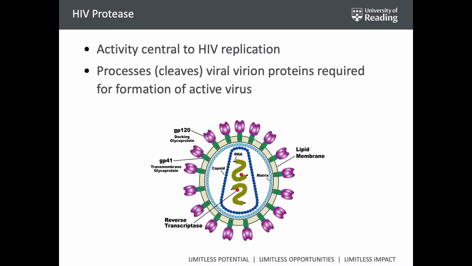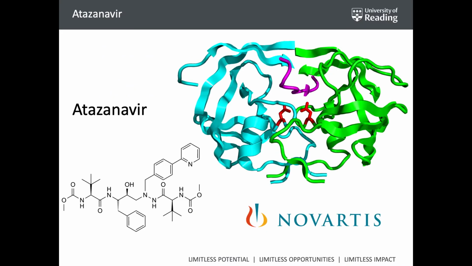And if that's prevented, although it won't destroy the virus, it won't prevent the virus infecting the cells that it's already in, what it does do is it reduces the ability of the virus to produce new viral capsids and infect other cells. So it reduces the spread and the activity of the virus.